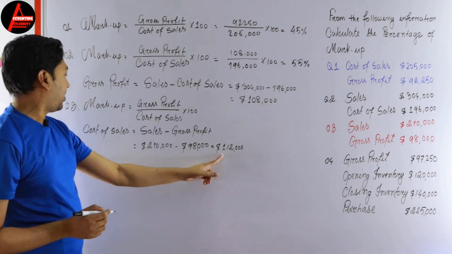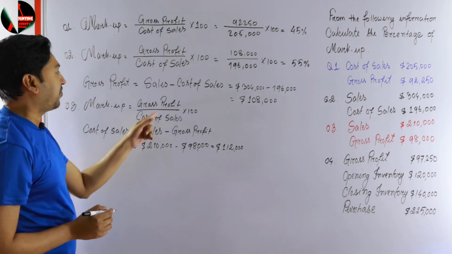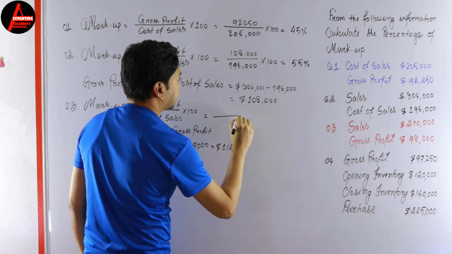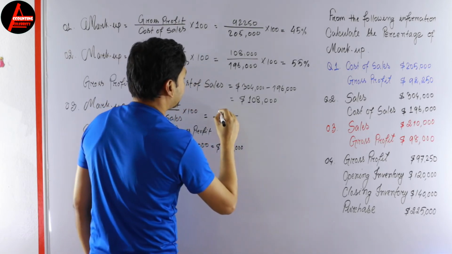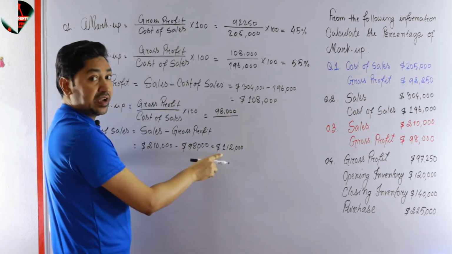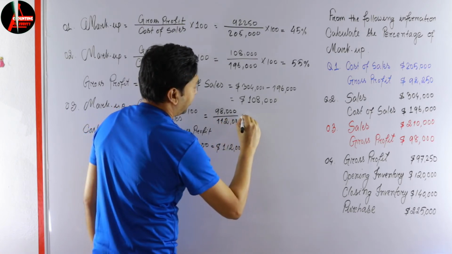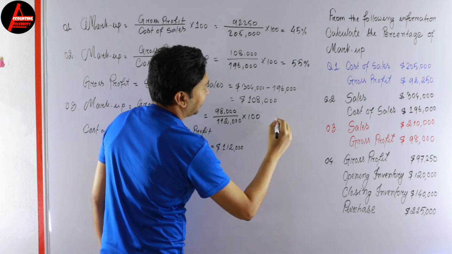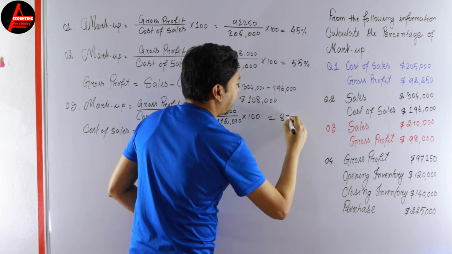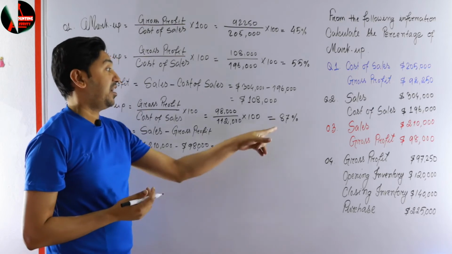This is our value of cost of sales. Now let us put the values in the formula. Our gross profit in the question was $98,000, and our cost of sales we calculated $112,000, multiplied by 100. If we calculate, we get 87%. This is the markup, a very high figure.